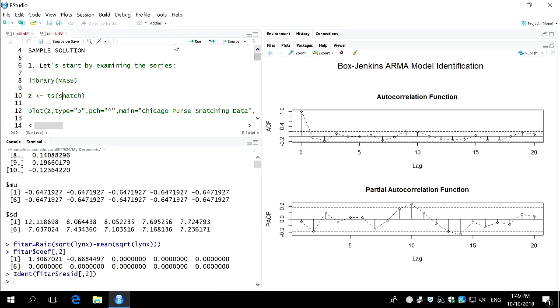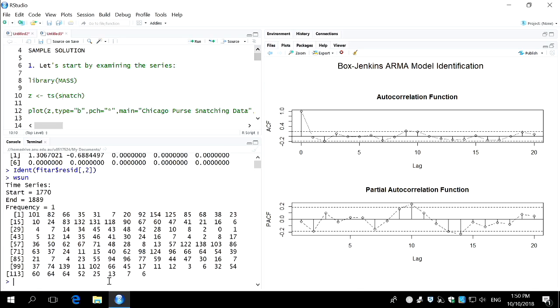So there's one more data set in the tutorial stuff. I'd recommend you have a look at it. It's a bit tough too, it's got similar problems. The other data set I was going to show you is the sunspot data, very famous data set. It's called WSUN. It's built into R and it's called WSUN.